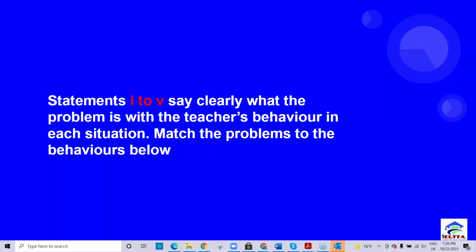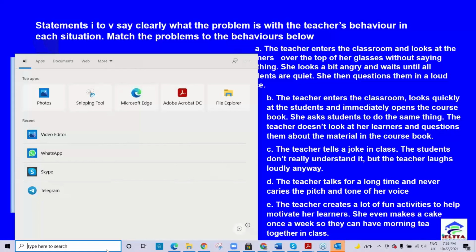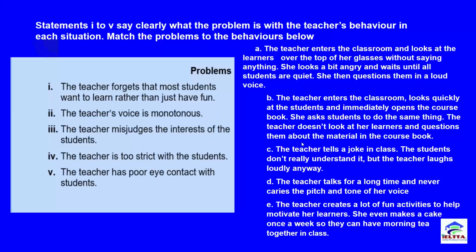Take about 5 minutes to look into the problems and the behavior. On the left, you can find the problems. On the right, you can find the solutions or the behavior.